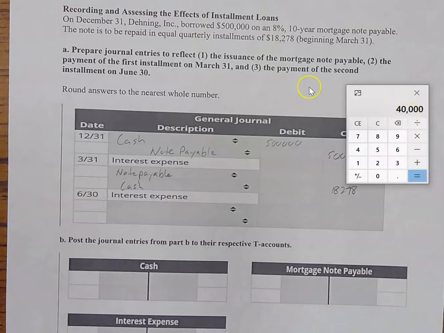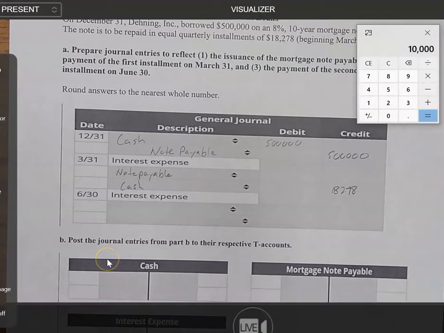However, we're making quarterly installments, or once every 3 months, so we're going to be doing this 4 times in a year. So we can divide by 4 and come up with $10,000. Now this is one of the ways that we can do this to get our interest expense here.